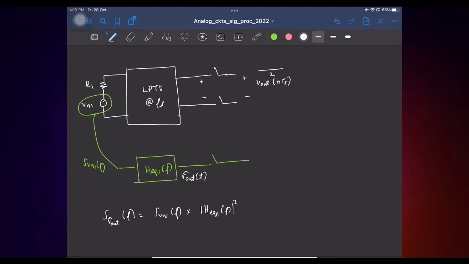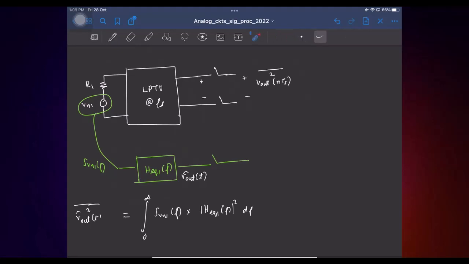So what is the mean square noise of V_out hat(t)? That's going to be the integral of this. This is V_out hat(t) mean square, right?